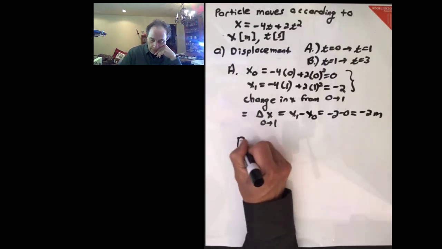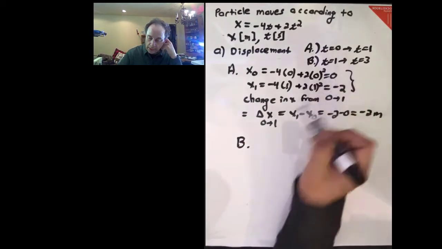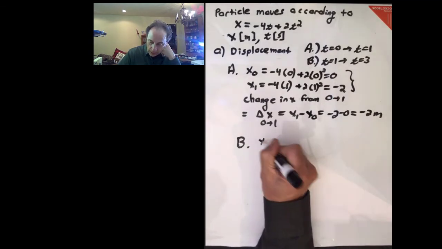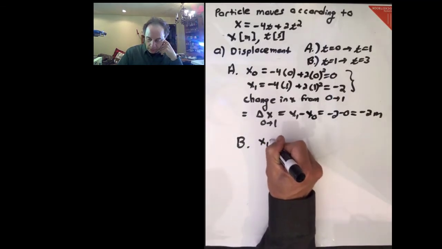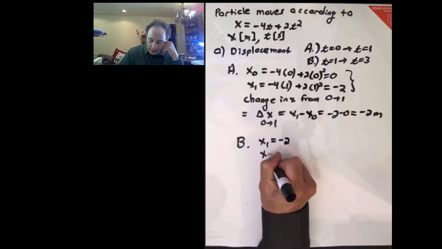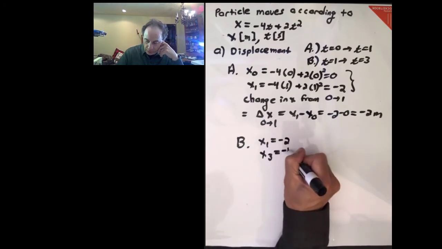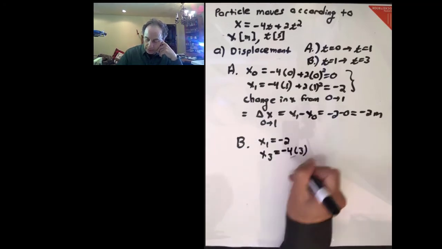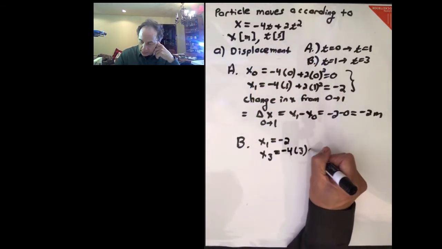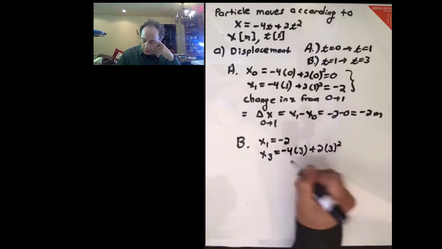Or B. We're going now from t1 to t3. So we already have x1, x at t1, so that's minus 2. So now we're going to find x3, that's minus 4 times the time of 3, plus 2 times 3 squared.